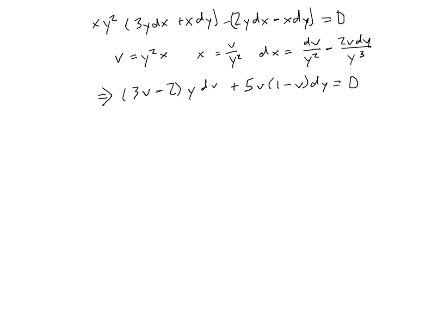Is this separable? Yes. Because I could just take all these terms involving the v, divide them through, and divide the y term. I got my y's and my v's separated, and I'm done. So really, the only reason why this is separable here is because the right-hand side is 0. If I didn't have a 0 right-hand side, it may not be separable.